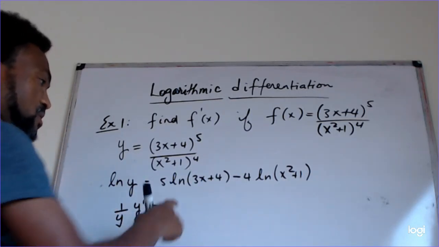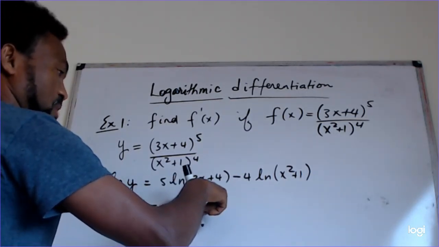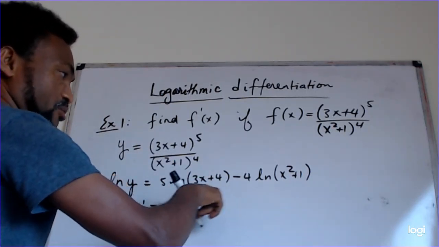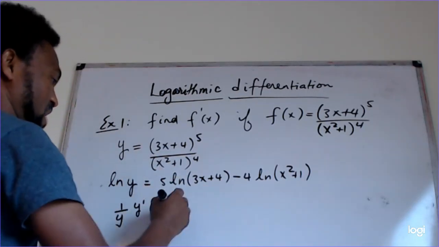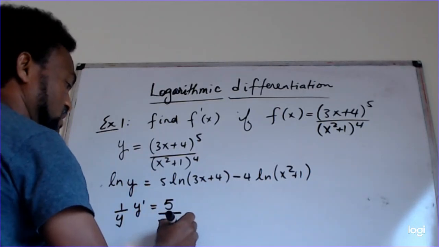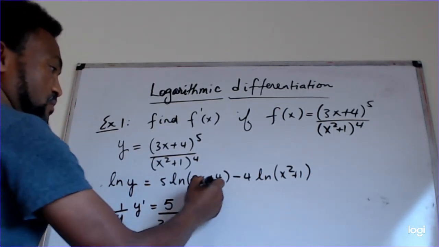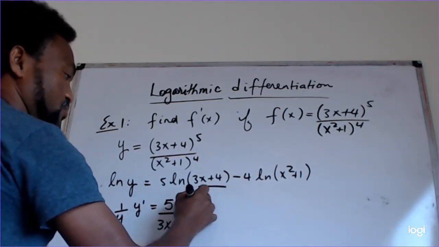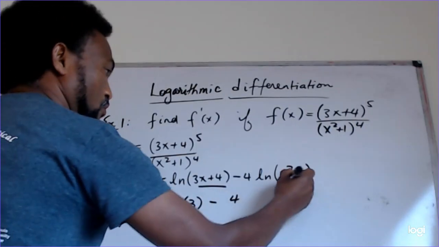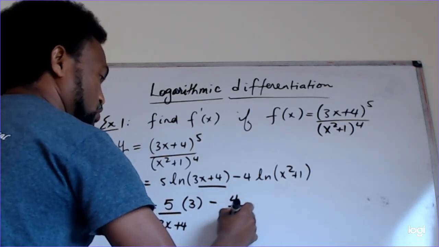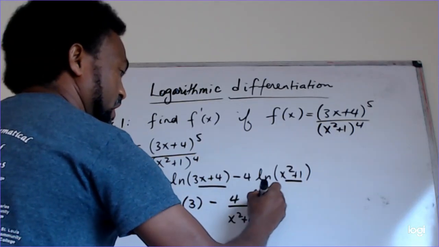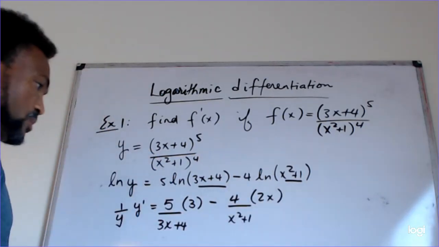When I differentiate the natural log of (3x plus 4), the natural log gives me 1 over the inside function, but then I have 5 times, so 5 divided by (3x plus 4), then the derivative of the inside, which gives me 3, minus 4 over (x squared plus 1), but the derivative of this gives me 2x by the power rule.